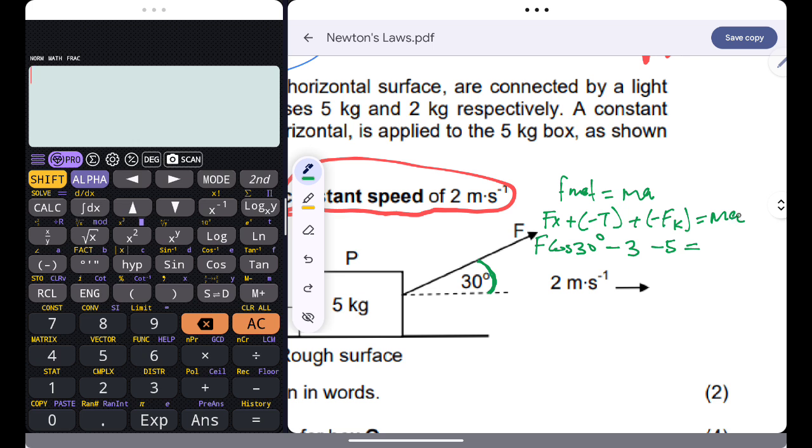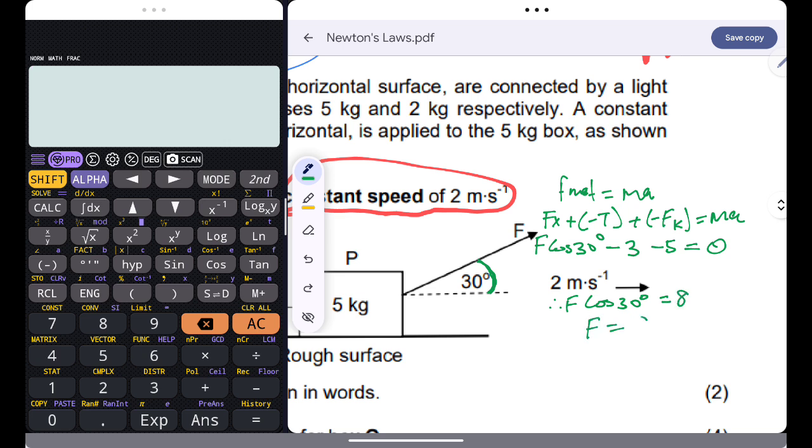Remember that this thing is moving at a constant speed. Constant speed simply means that there is no acceleration. Acceleration is 0. If I take the mass of the object, which is 5, multiplied by 0, I'll simply get 0. Therefore, I'll be left with F multiplied by the cos of 30 degrees equals 8.